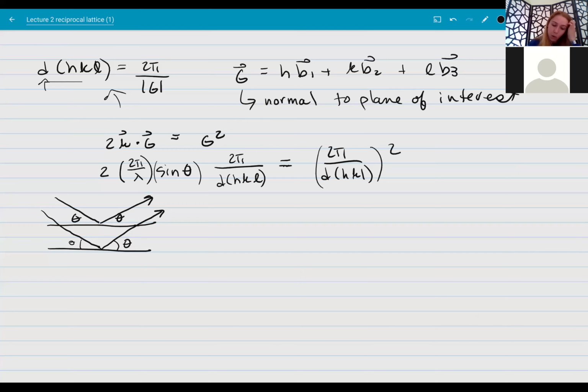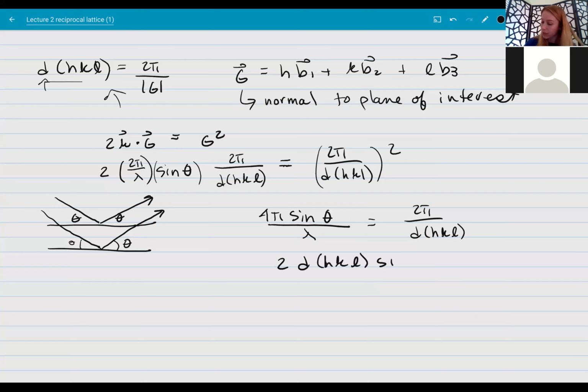We can simplify the expression: 4 pi sine theta divided by lambda is equal to 2 pi divided by d_hkl, where hkl is just labeling the specific d spacing. Finally, we simplify further to get 2 d_hkl sine theta equals lambda.